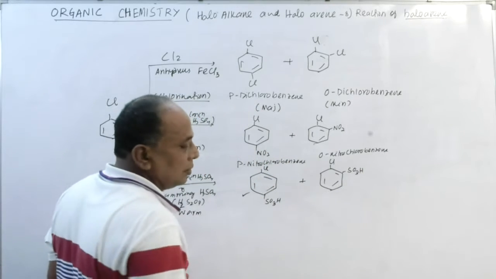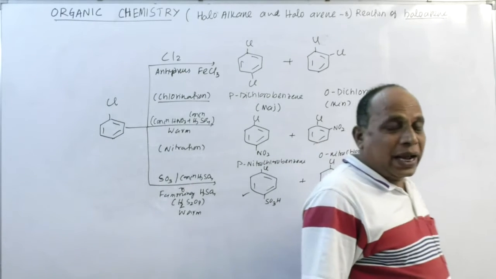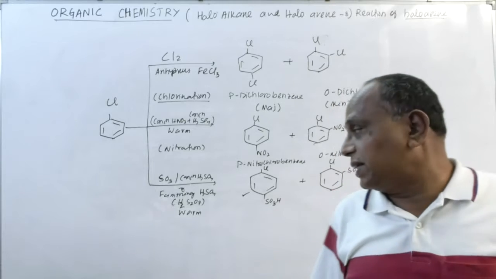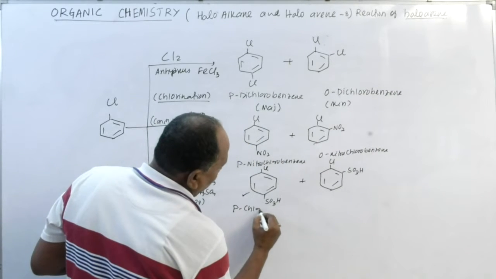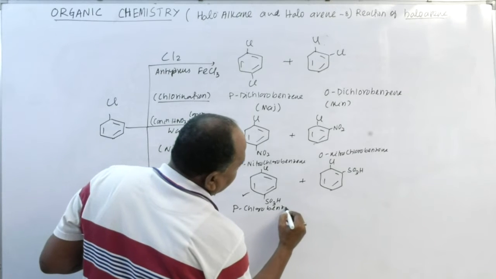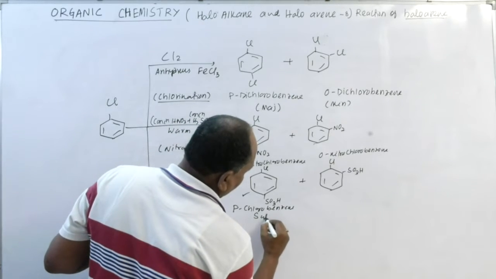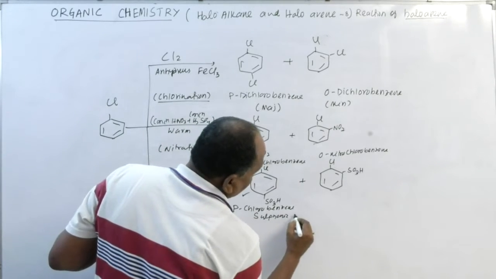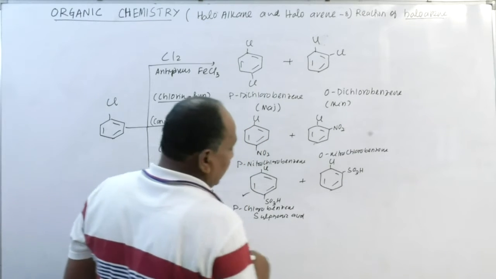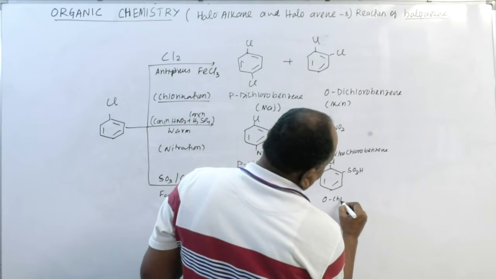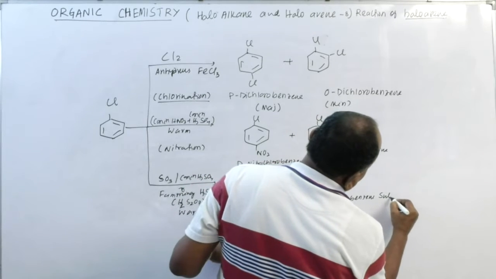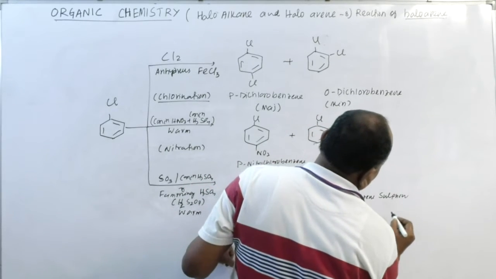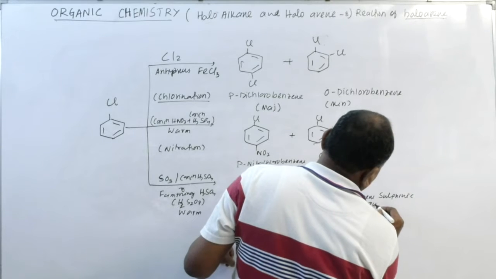This one is called parachlorobenzene sulfonic acid, and this is called orthochlorobenzene sulfonic acid.